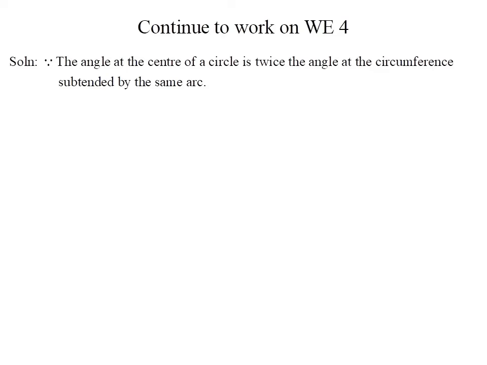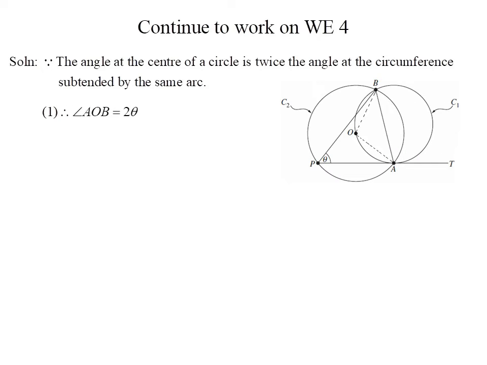Here we continue to work on example 4. Since the angle at the center of the circle C1 is twice the angle at the circumference subtended by the same arc as shown in the diagram, the angle AOB equals 2 theta, which answers question 1.